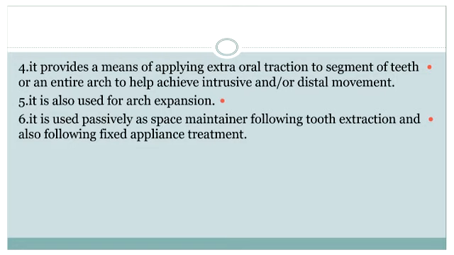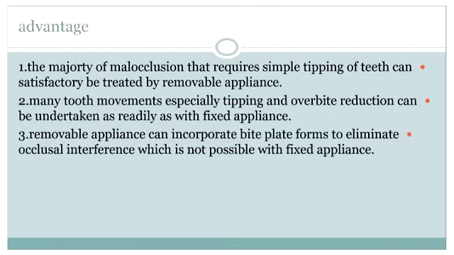It is used passively as a space maintainer following tooth extraction before the time of fixation, during trauma, during heavy dental care, and also following fixed appliance treatment. Advantages. The majority of malocclusions that require simple tipping, here we put a line under simple tipping of the teeth, can be satisfactorily treated by removable appliance.